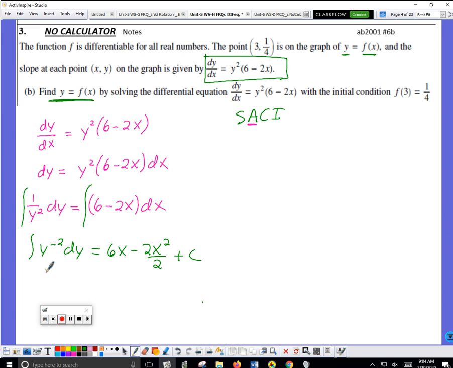So now I have y to the negative 2 plus 1 divided by negative 2 plus 1 is equal to 6x subtract x squared plus c. What I did is I just rearranged the 6 plus 2x.